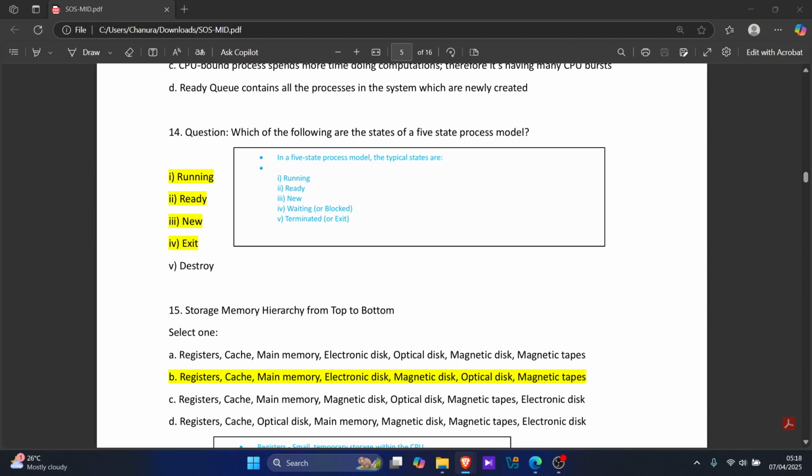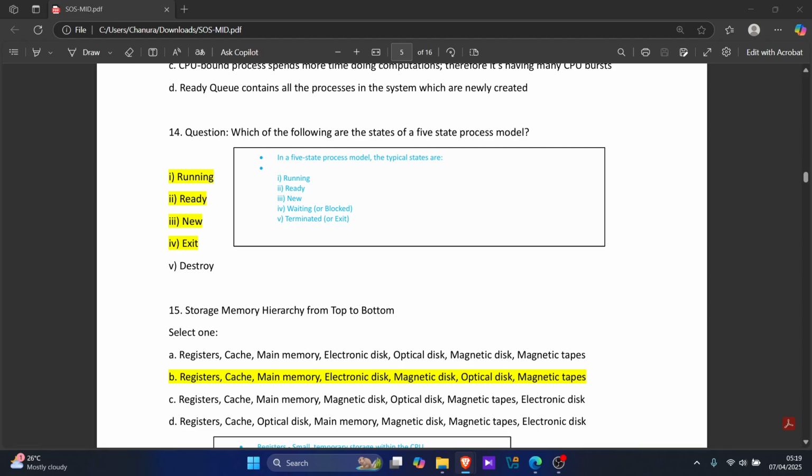Alternatively, maybe there's confusion between destroy and terminated. But terminated is exit. Therefore, based on standard models, the 5 states are new, ready, running, blocked, exit. Since blocked isn't listed, but the options have destroy instead, the answer would not include destroy.